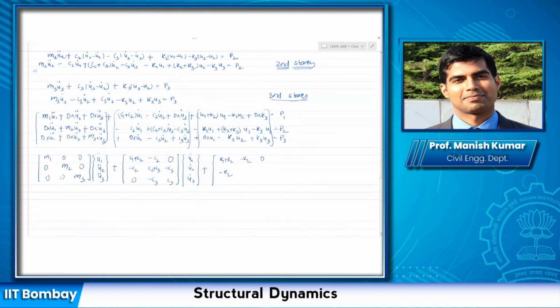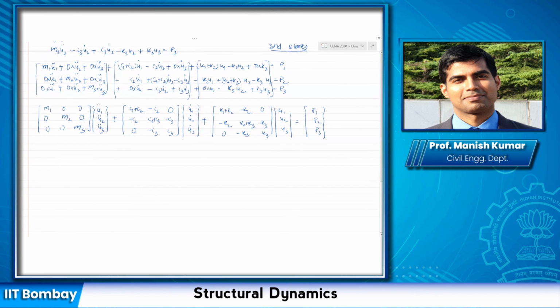Remember this minus term here. Then minus K2, K2 plus K3, minus K3, then 0, minus K3, and K3, and this times U1, U2, U3. The right hand side vector can be written as P1, P2, P3.